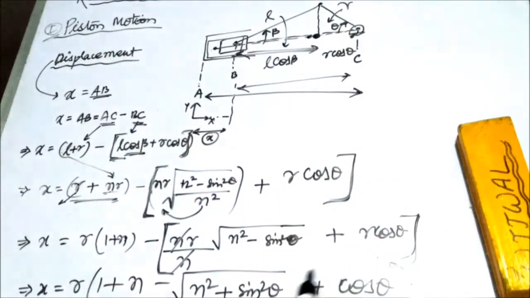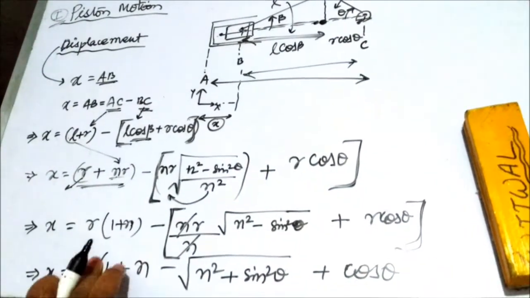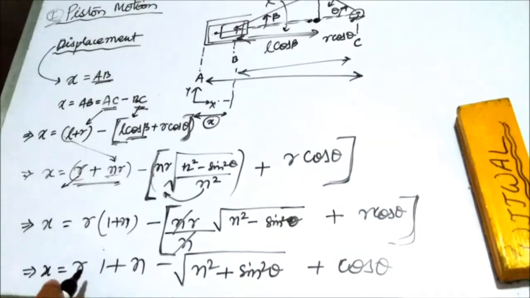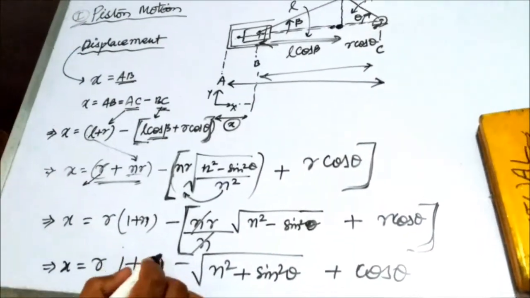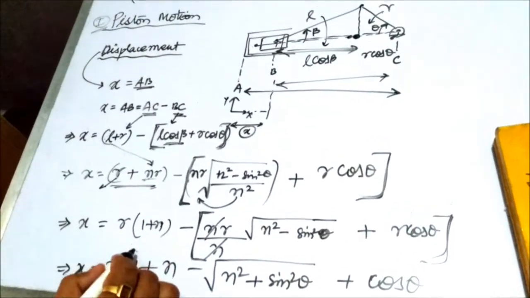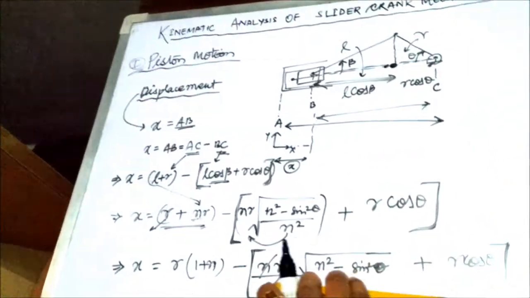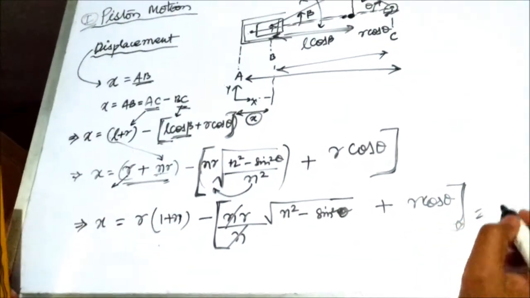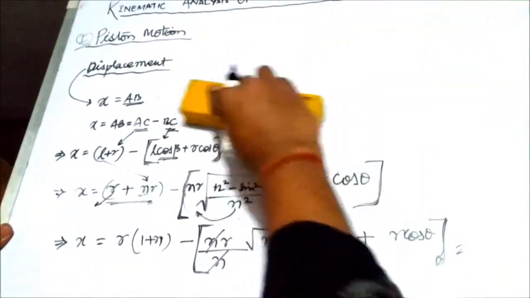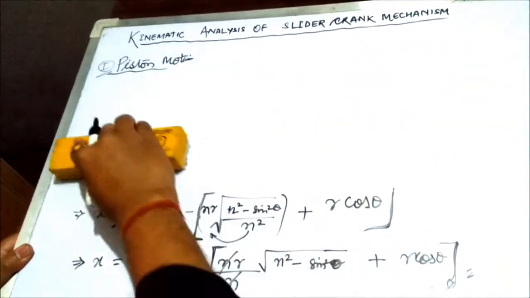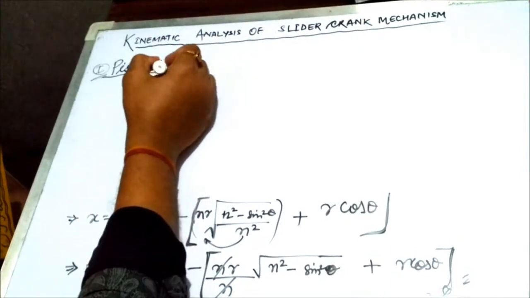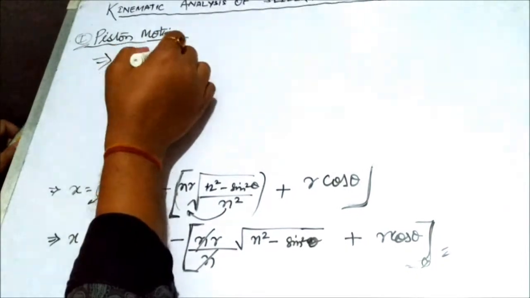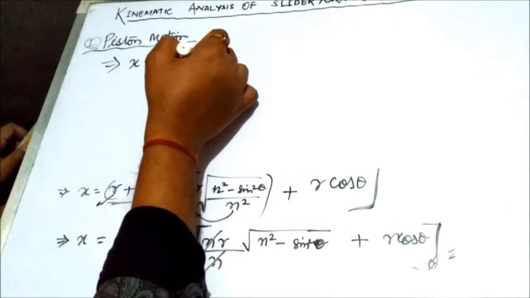Now take R common, and so now we will get the value of x is equal to R taken whole common, 1 plus n minus root under n square minus sin square theta. Sorry, we have taken R as common as whole, so now root under n square minus sin square theta, and minus cos theta only.